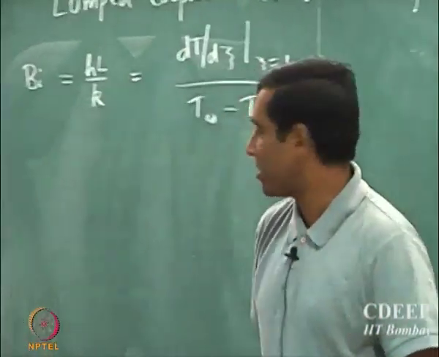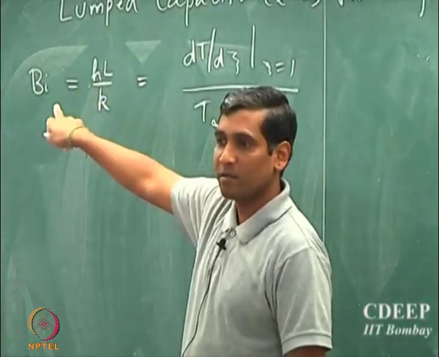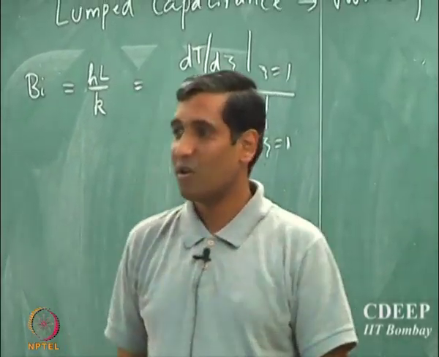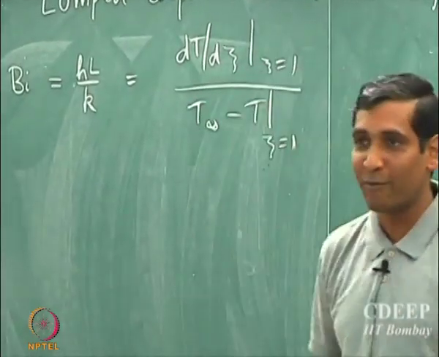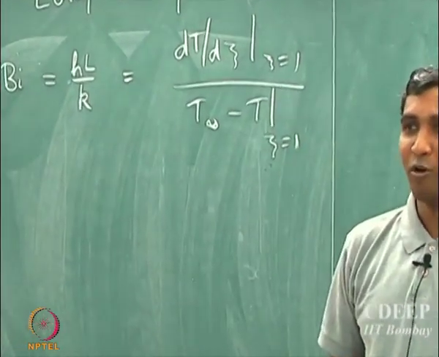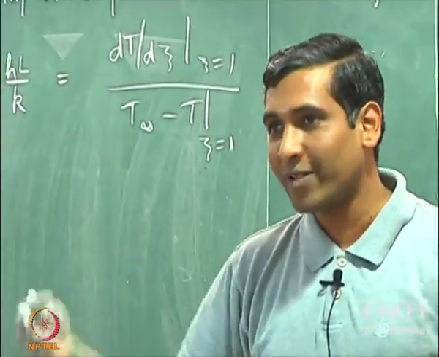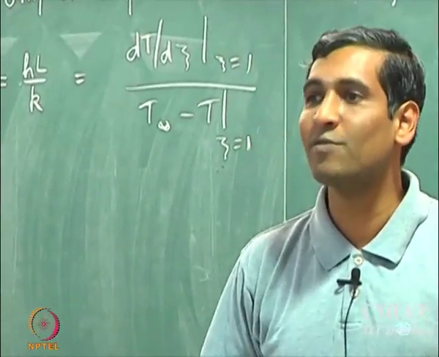So this is a dimensionless quantity. What are the units of heat transfer coefficient? Watt per meter square Kelvin. So remember Newton's law of cooling. The heat transfer rate is h times area times temperature difference. The heat transfer rate unit is watts.